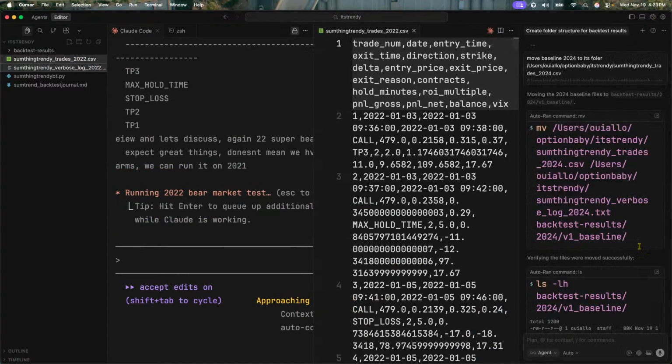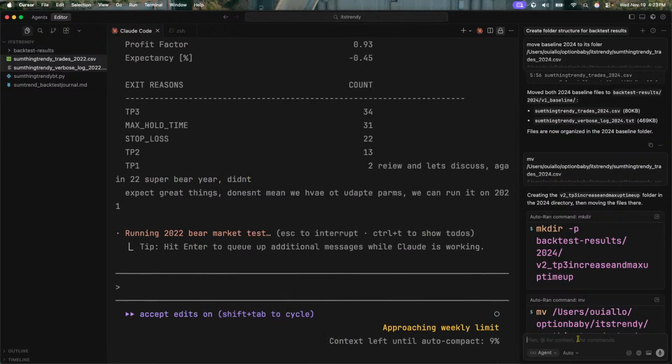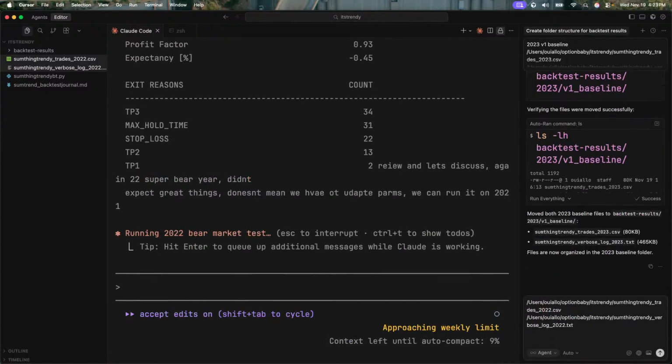All right, let's get organized. V1 baseline 2022. Let's move it there. Any second now.